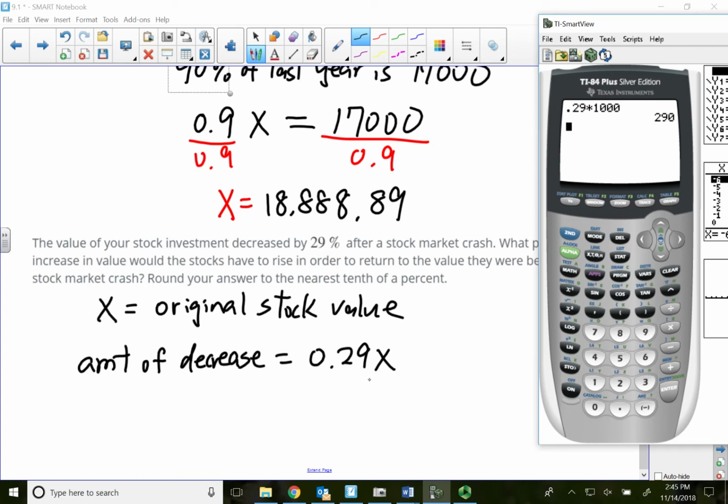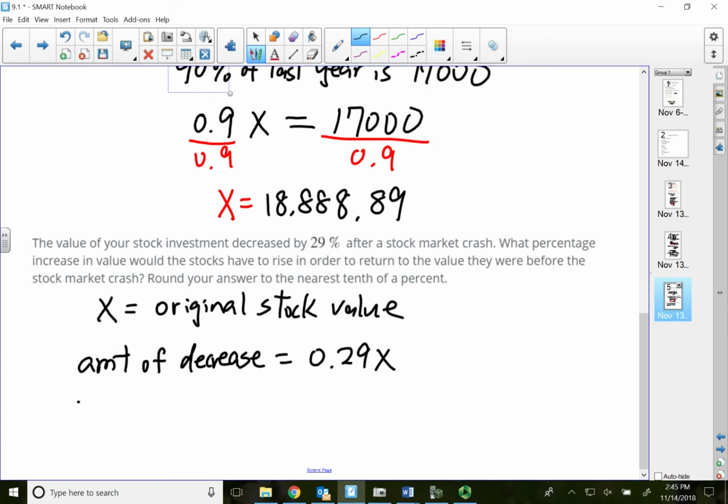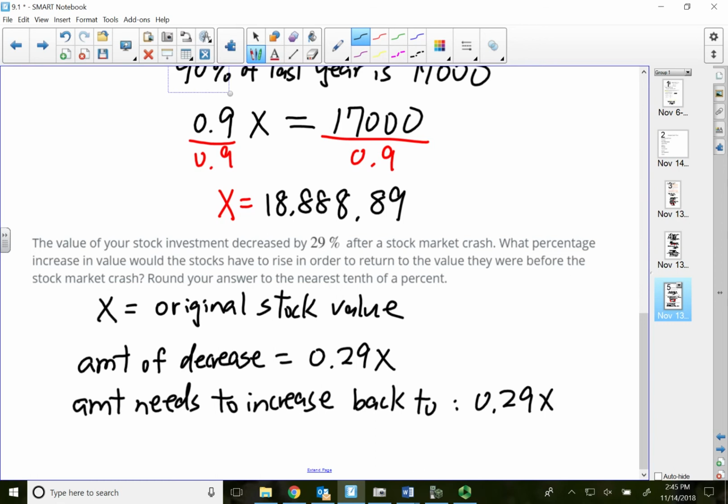If this is my amount of decrease, then this also has to be the amount needed to increase back. So the amount needed to increase back to the original stock value is the same as the decrease, 0.29x.